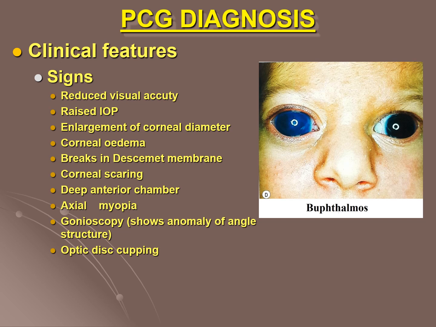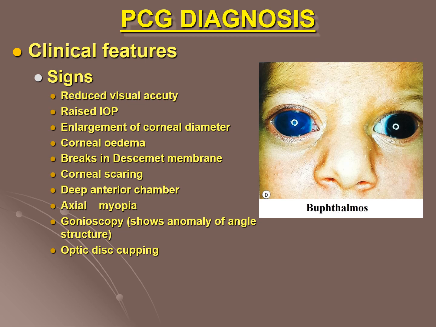And what are the signs? How can you diagnose a case of buphthalmos? Reduced visual acuity is there, intraocular pressure is raised, corneal diameter is bigger, enlarged corneal diameter, corneal edema may be there, and breaks in Descemet's membrane, which cause influx of aqueous into the cornea, causing many complications.